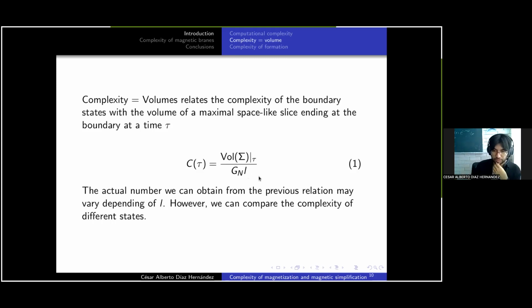As I told you before, the complexity is not uniquely defined. So this scale gives us this liberty, this ambiguity of how we can define our complexity, right? Usually this is taken as the radius of anti-de Sitter, and we can set it to 1 without loss of generality.